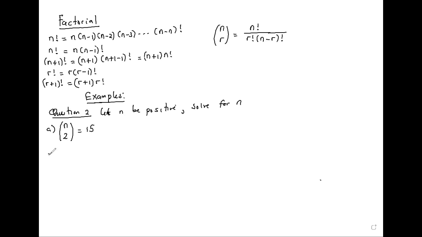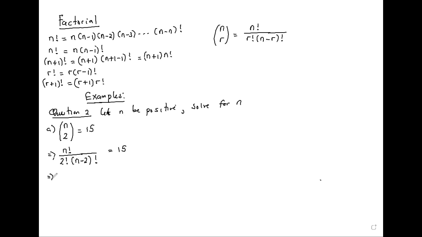So what do we know about n choose 2? By definition, it's n factorial over 2 factorial times n minus 2 factorial. At this moment, the right hand side is 15.